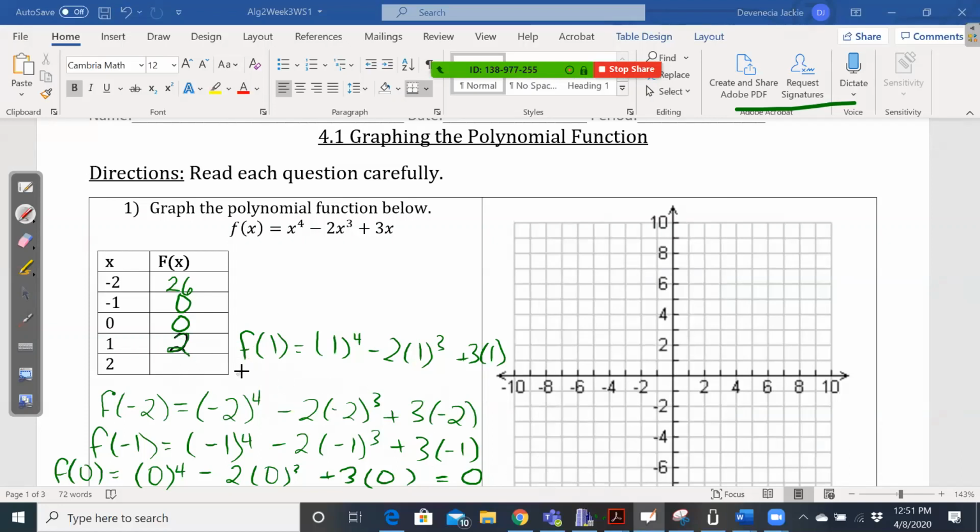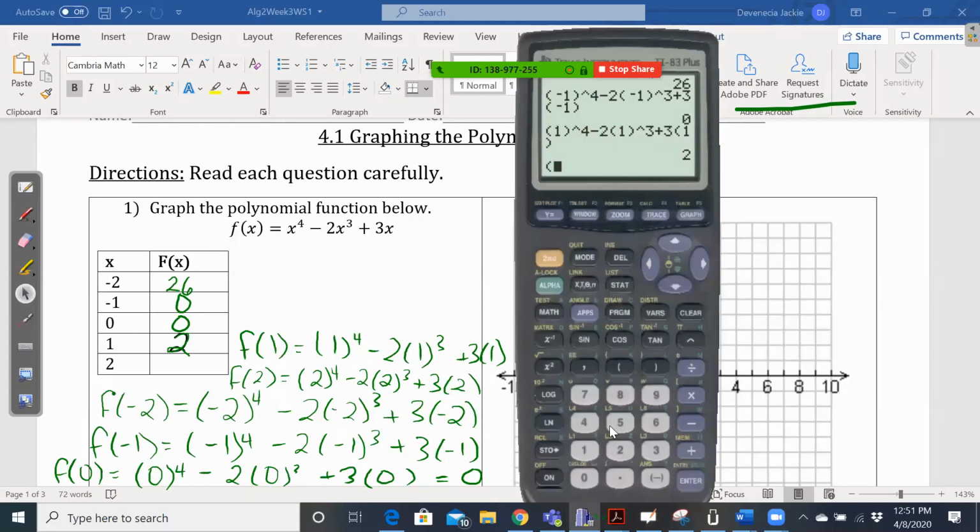And then right over here, you're doing the same thing. f of 2 is equal to 2 to the 4th power minus 2 times 2 to the 3rd power plus 3 times 2. Again, I'm going to plug this in too. There is a different way we could have done this. We could have just put it into the calculator and started graphing everything.